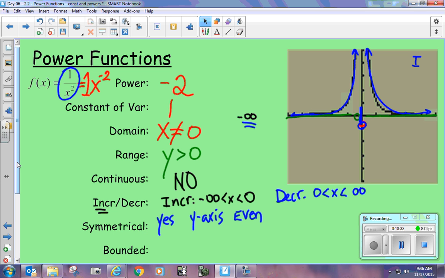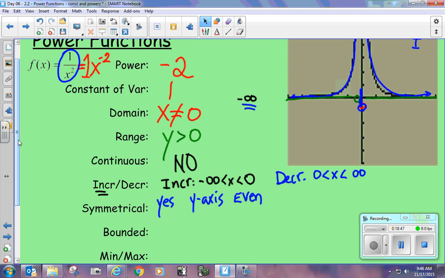It's bounded above? No. It's bounded below, because there's a point in this graph where it does not get any lower than 0. Okay? So I would say, yes, it's bounded below. Although some people might say, you know what, it technically goes from 1 to 1/2, right?